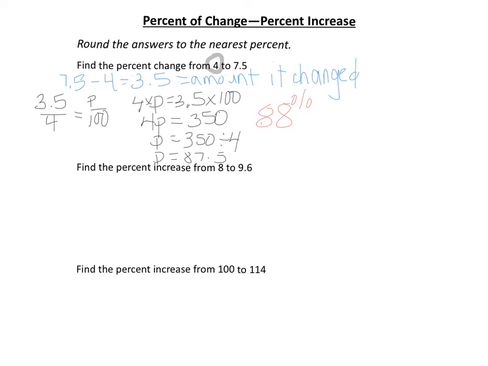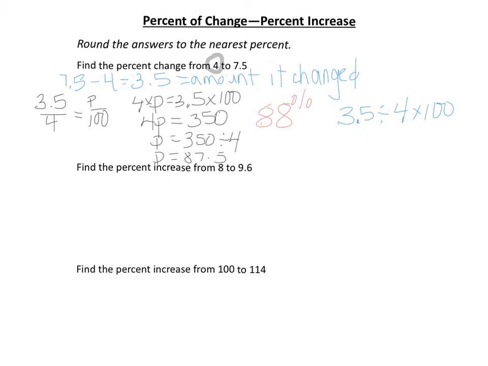If you chose to use the equation for this one, you would take the amount of change, which is 3.5, divided by the original number, which is 4. We then multiply by 100. And all you have to do is type this into your calculator.